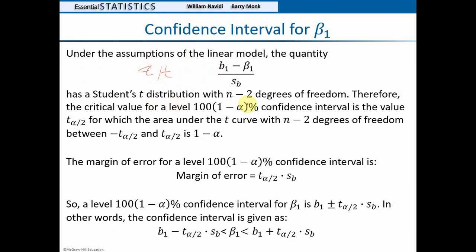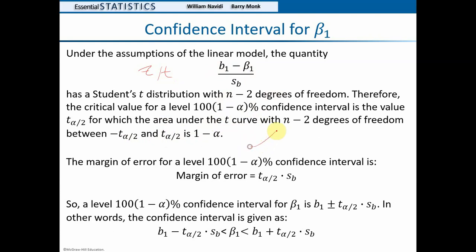Turns out the student's t is better for this, with n minus 2 degrees of freedom. If I plotted all of these with all the different samples and did B1s from these, this thing would show a standard t distribution, n minus 2 degrees of freedom. Critical value, t alpha over 2, that's just the 1 minus alpha.